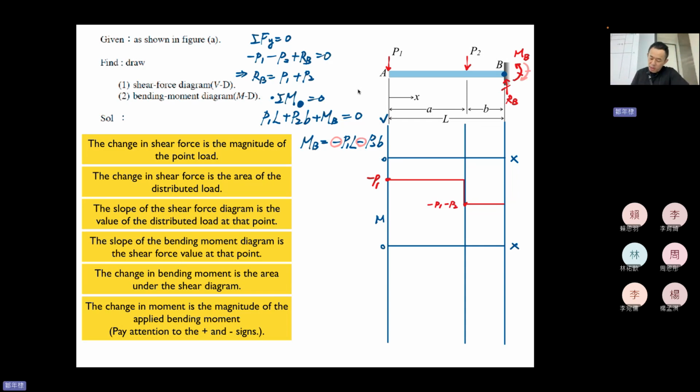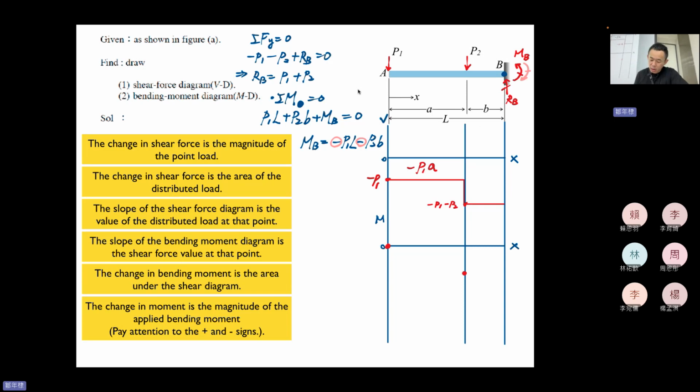Interesting. Next one, moment. Where should we begin? You see, A is a free end, so there's nothing there, so there's no reaction moment, right? So it should start from 0. And this section will have a value decrease, which is the area of the shear force, which is minus P1A, right?